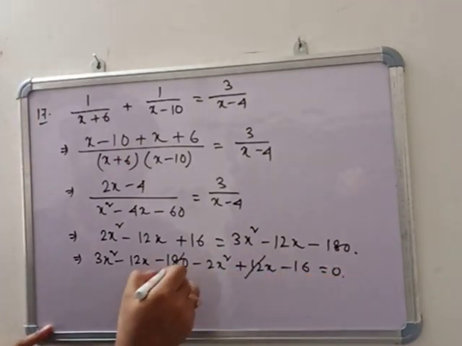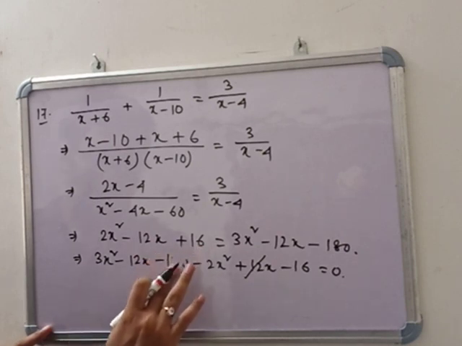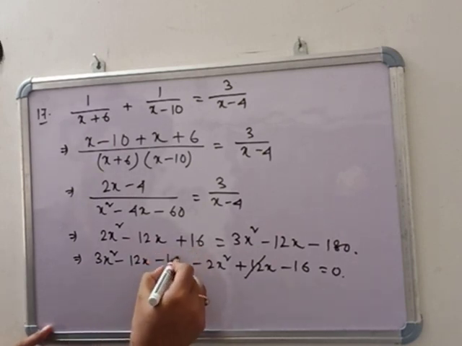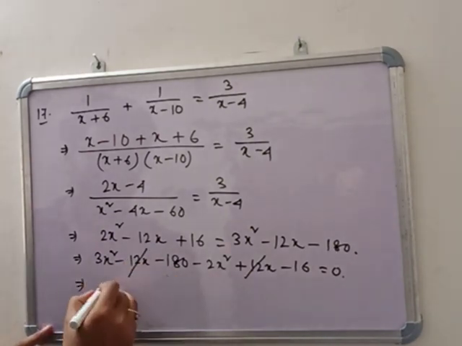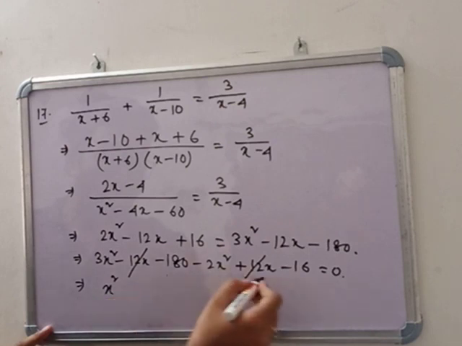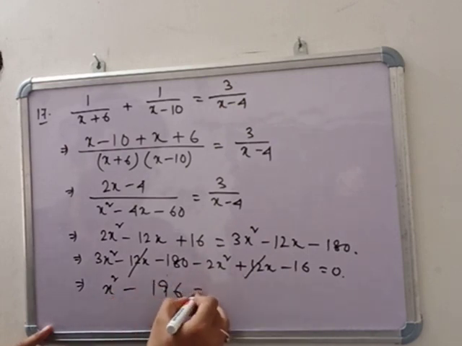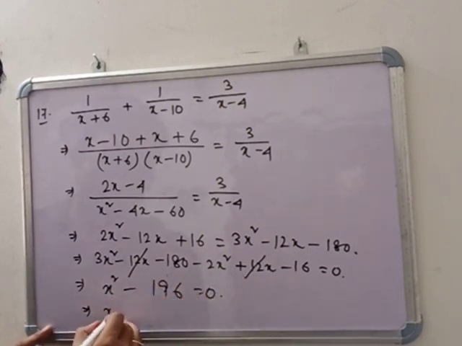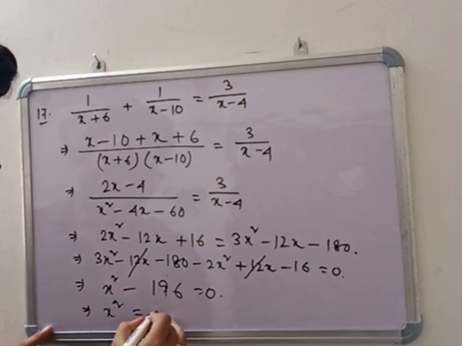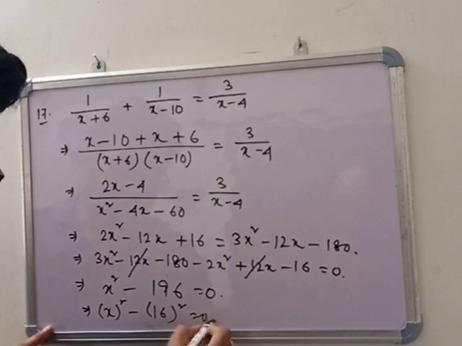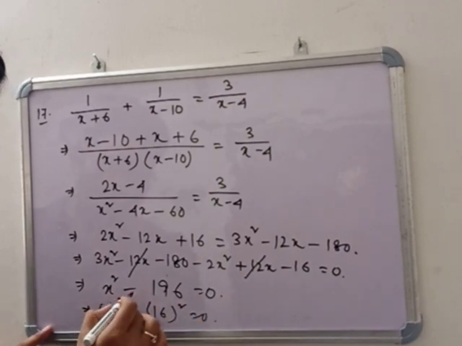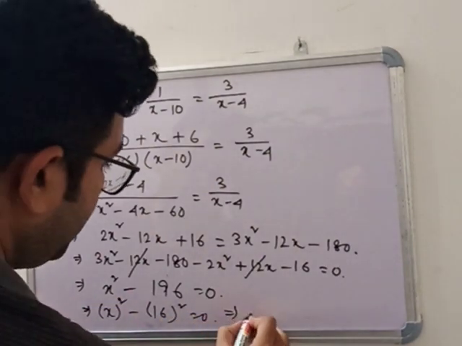Okay. So now 3x square minus 12x minus 180 minus 2x square plus 12x minus 16 equals 0. The 12x cancelled. So we can write 3x square minus 2x square is x square minus 196 equals 0. That means x square minus 14 square equals 0. So that means a square minus b square is (a plus b)(a minus b).